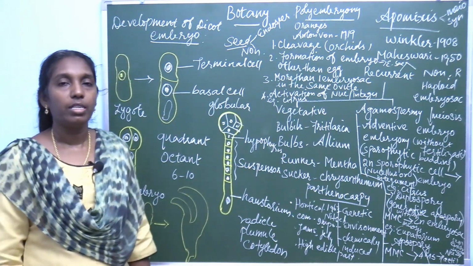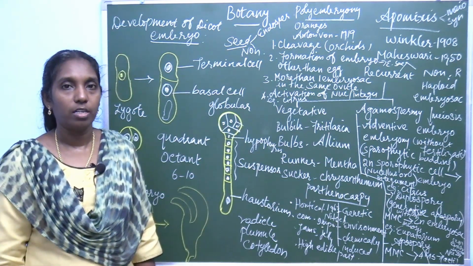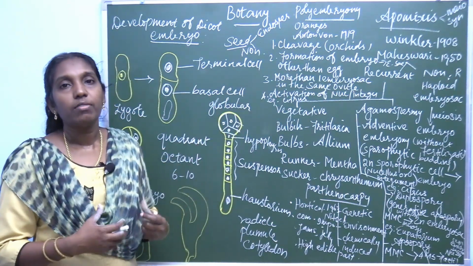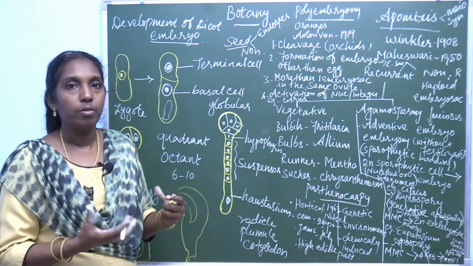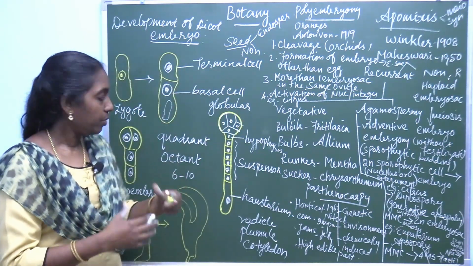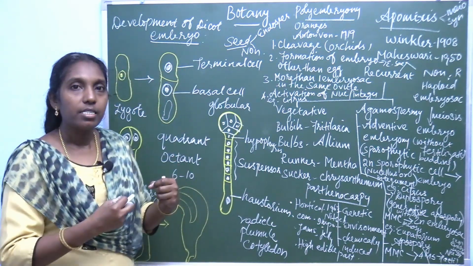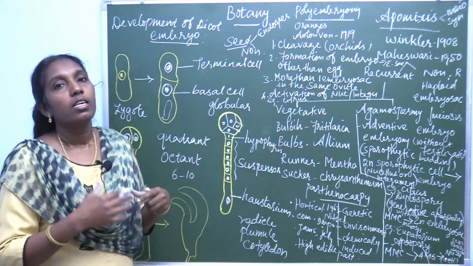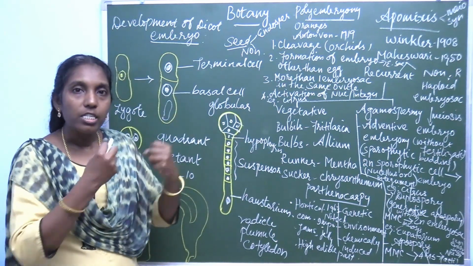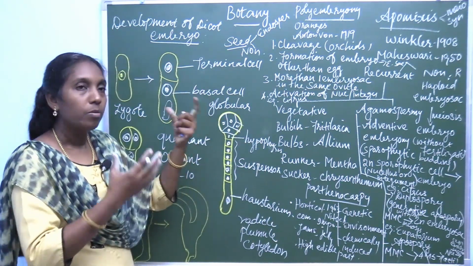What's the difference between these two, the endospermous and non-endospermous? What's the function of endosperm? The endosperm nourishes the developing embryo. This embryo takes its food from the endosperm. Sometimes the embryo consumes the endosperm completely.